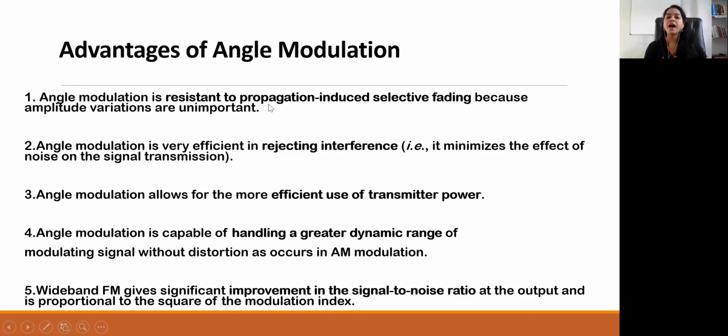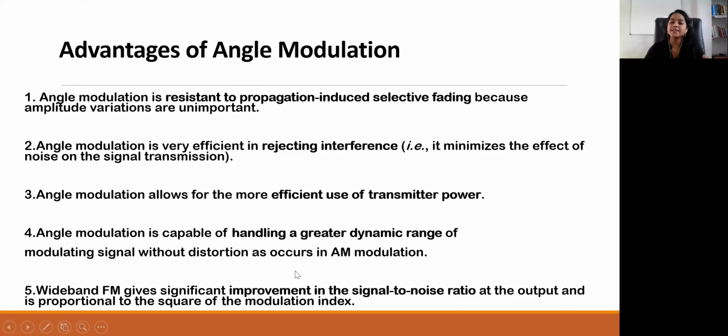It is resistant to selective fading. In amplitude modulation, fading is always there, but if we use angle modulation, the fading becomes unimportant. It allows more efficient use of transmitter power. Another advantage is that it handles a greater dynamic range of the modulating signal.